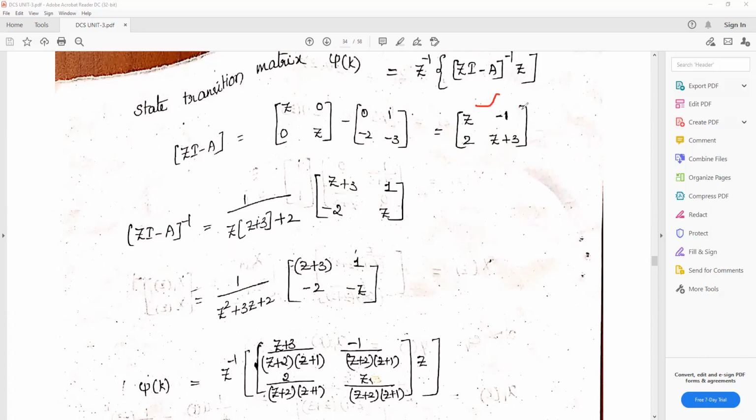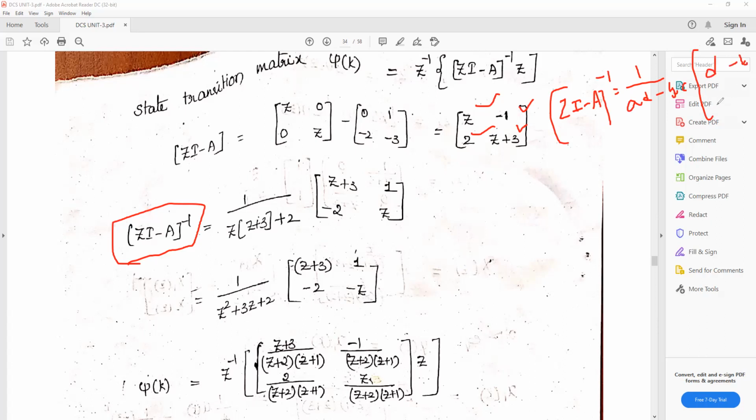The calculation of (zI minus A) whole inverse: zI minus A is [z minus 1; 2 z plus 3]. The inverse is 1 by (AD minus BC) into [D minus B; minus C A]. So AD is z into z plus 3, minus of minus 1 into 2, plus 2.